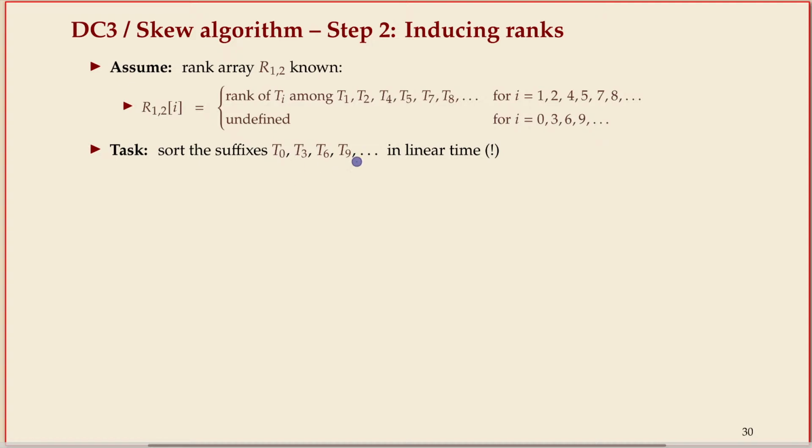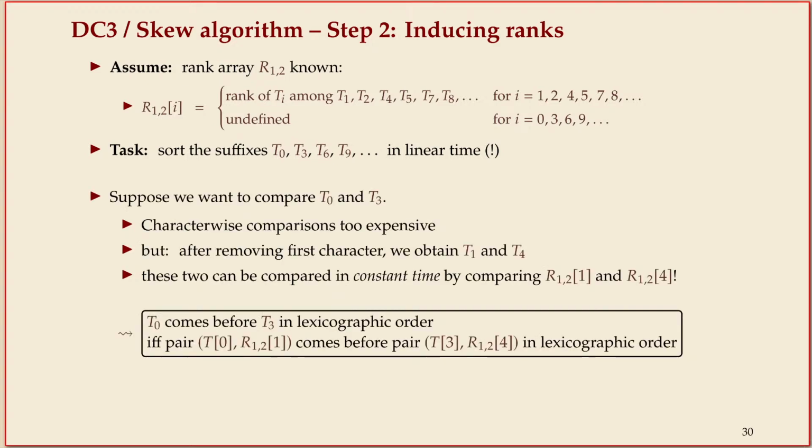You can reformulate the task as sorting these suffixes in linear time. If we have their sorted order in a list, we can produce the rank array from that by just iterating through. The thing that occurs first gets the rank 0, the second gets the rank 1, what's at position i gets rank i. So it's a sorting task, but a strange one because we have this weird extra information. In general, you would not be able to sort in linear time under these circumstances. It's only possible because we have this extra information.